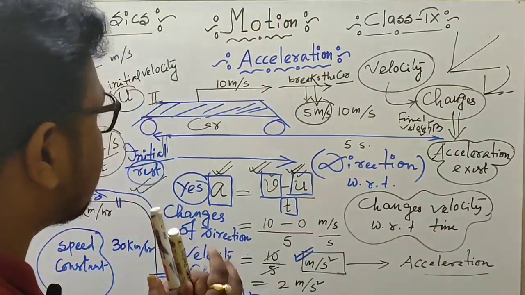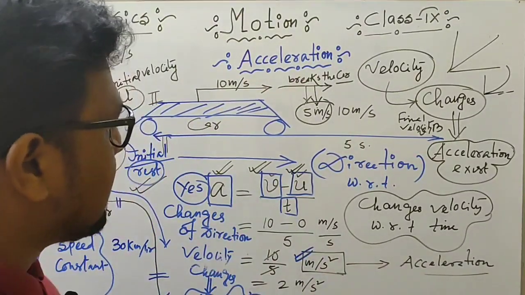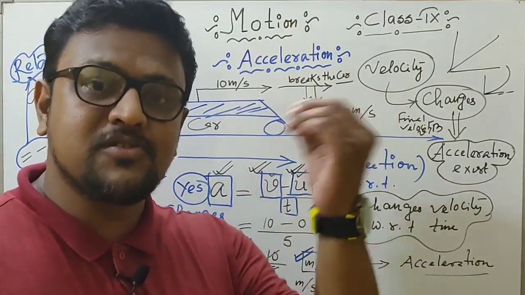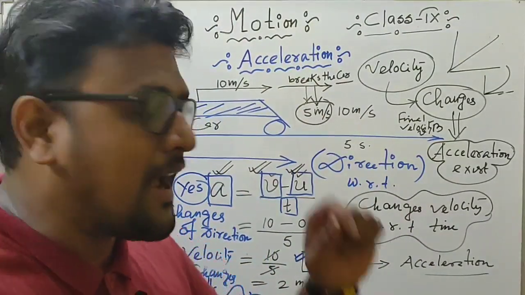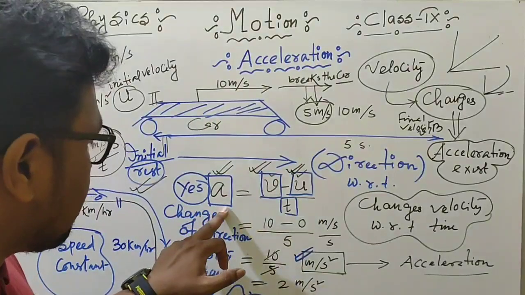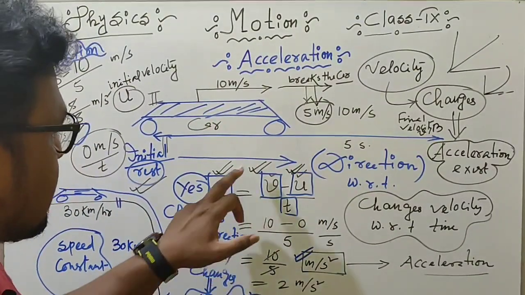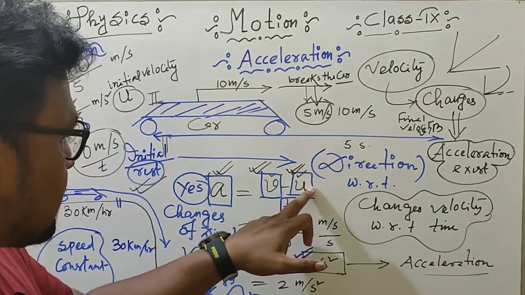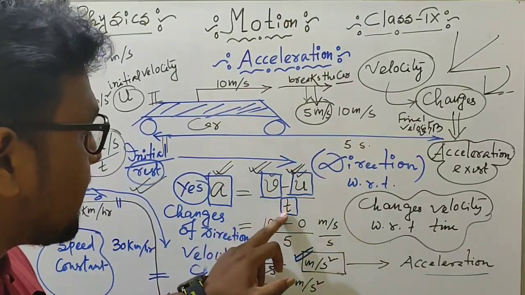So what is acceleration? Acceleration means changing velocity with respect to time, or you can say the rate of change of velocity with respect to time. It is denoted with the letter a, equal to final velocity v minus initial velocity u over the time taken t.